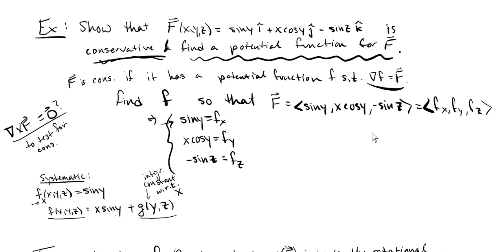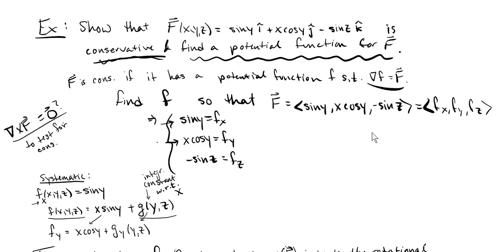Well, then we use that and go to the next equation here. Now we differentiate this with respect to y, and we get x cosine y, that's that partial derivative with respect to y, plus the partial of g with respect to y.